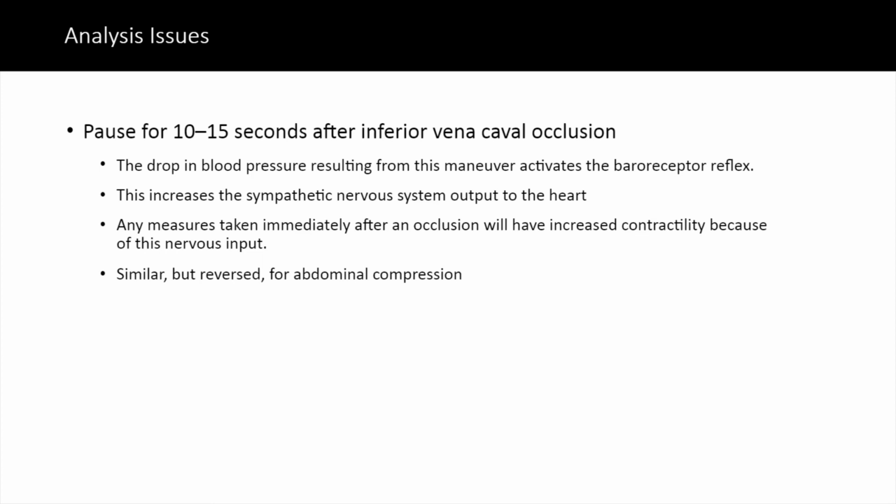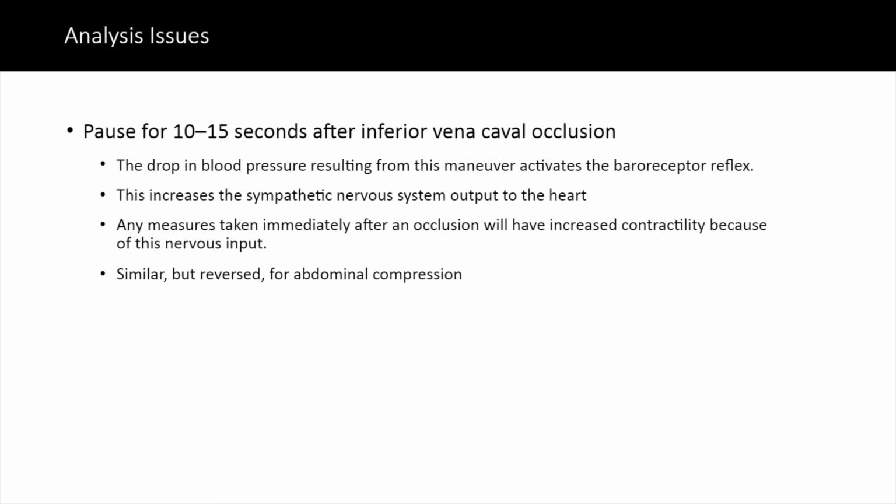You can see this if you take your data set and measure the end systolic pressure volume relationship while you're going down versus that same heart the next second as it's coming back up. The end systolic and diastolic pressure volume relationship is much steeper as you're coming back up, and a good part of that is because you have an increase in sympathetic activity coming into the heart.